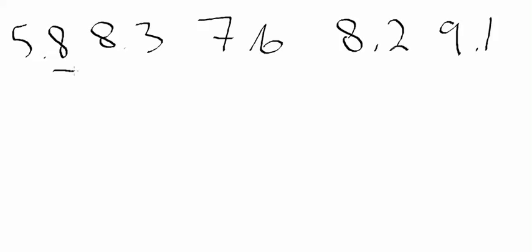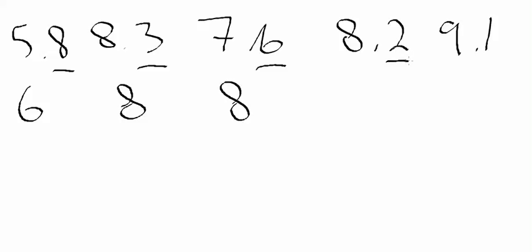It's 5 or above, yes, so we add 1 onto the 5 and take away the decimal place. 8.3, 0 decimal places, we look at the first decimal place. Is it 5 or above? No, so we just chop off any decimals. 7.6, to 0 decimal places, so we look at the first decimal place. Is it 5 or above? Yes, so therefore we add 1 onto the 7 and get rid of the decimals.